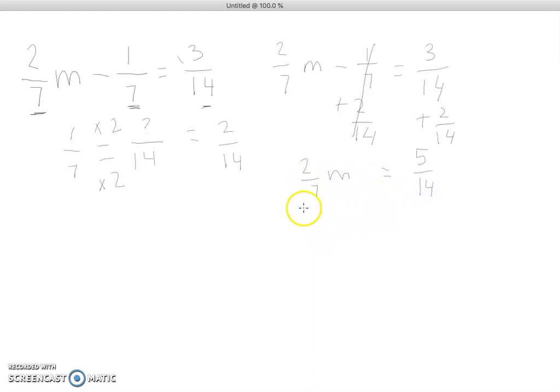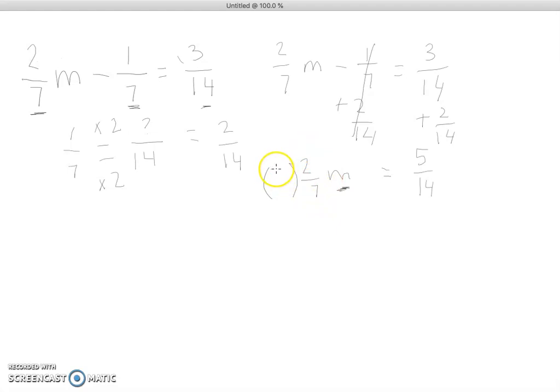So all we have to do now is, we don't need to make this the same denominator. We just need to cancel out this fraction so it can multiply by this fraction to give you the sole value of m, because we can't have anything beside, added to, subtracted from, or divided by the variable. So in order to cancel out this little number here, we're going to multiply it by the opposite.